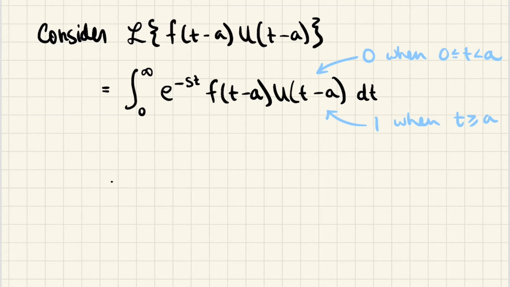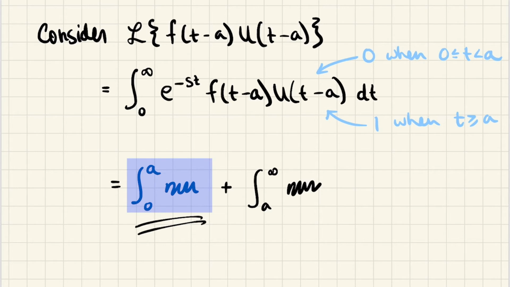Which means if we were to write this as the integral from 0 to a of the stuff plus a to infinity of the stuff, which we're of course allowed to do, then this would evaluate here to 0 because the t values over that interval are of course less than a, which means the unit step function would be 0.